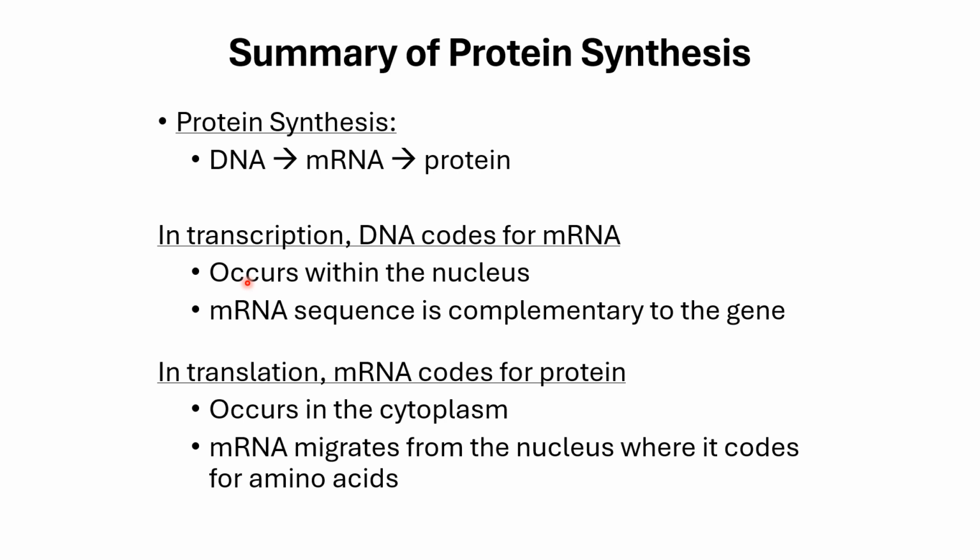The step from messenger RNA to the production of protein is called translation, and that happens in the cytoplasm. The messenger RNA leaves the nucleus through the nuclear pores and reaches the cytoplasm. The messenger RNA associates with ribosomes and transfer RNA to produce the protein.